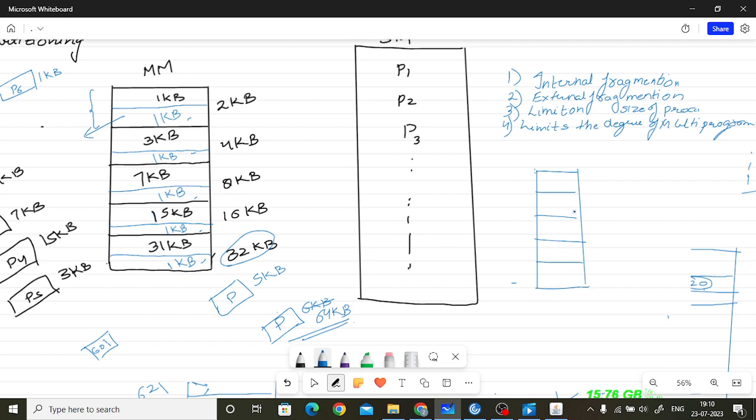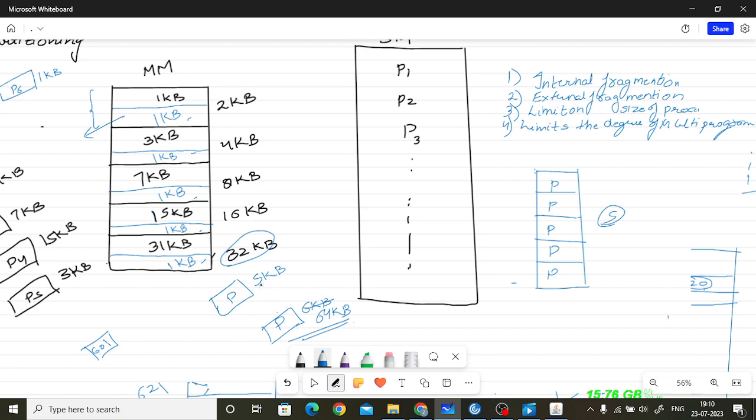Okay, if we accommodate 5 processes at any time, there will be 5 processes in our main memory, then our degree of multiprogramming will be 5. So we are dividing our main memory into some fixed size partitions, and these partitions will also have some number.